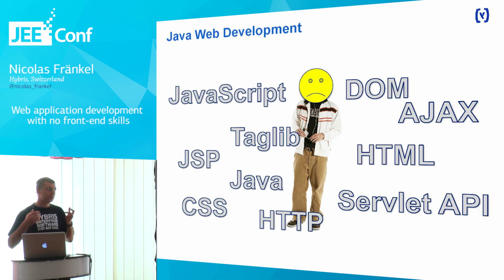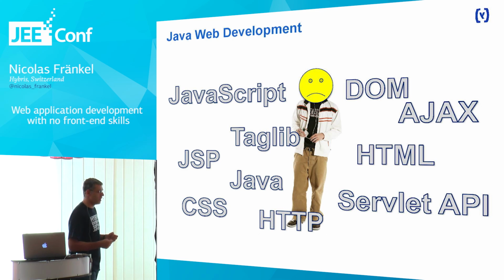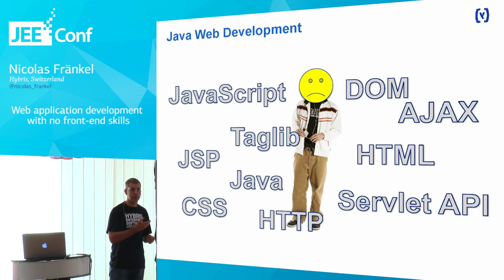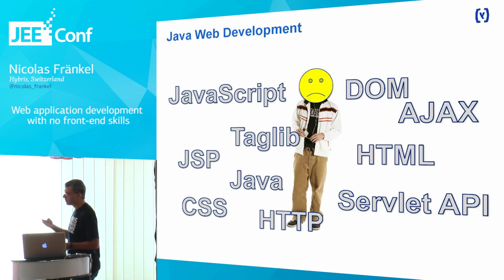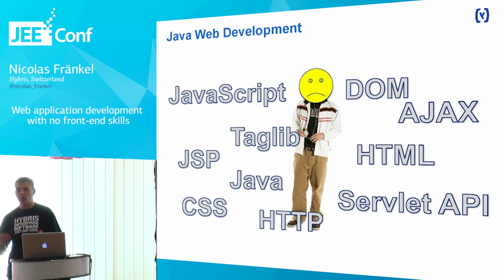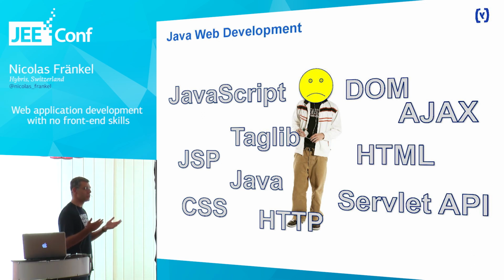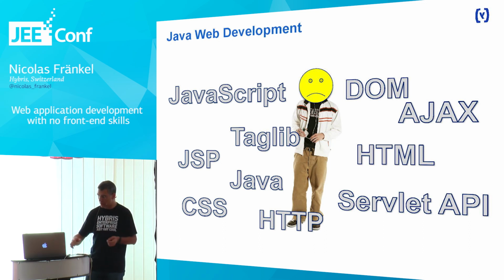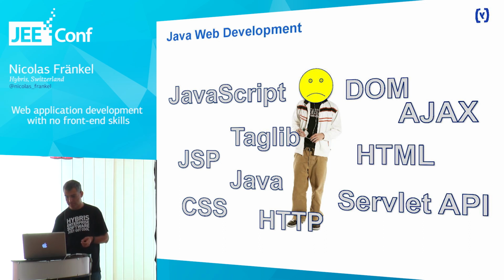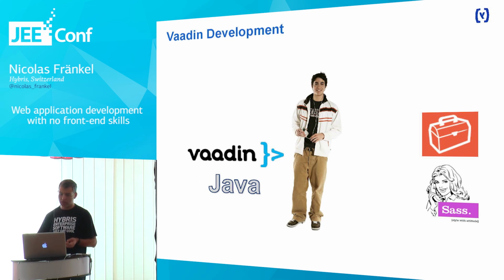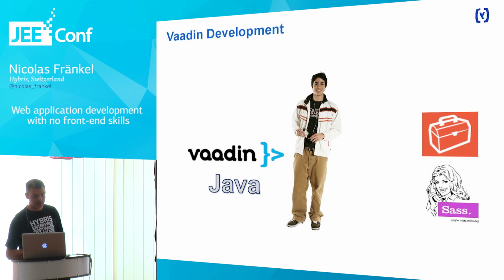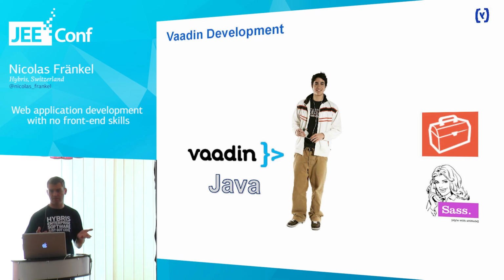If you're like me and you do not want to wait 10 years, if you already have 10 years of experience, you must be paid very well, which, of course, you are not. So I encourage you to have a new look at life by doing Vaadin development. And Vaadin development basically requires what? Requires Java and Vaadin.